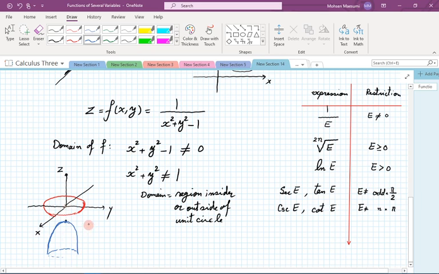If I'm outside of the circle, for example, here I'm at point 2, say x is 0, y is 2, so this becomes 1/3. If I come close to the circle again from outside, I'm dividing by a number that's positive and close to 0, so as a result I'm going to go up toward infinity. If I go way out, away from the circle, well, the denominator is going to become very big, and then I'm going to approach 0.